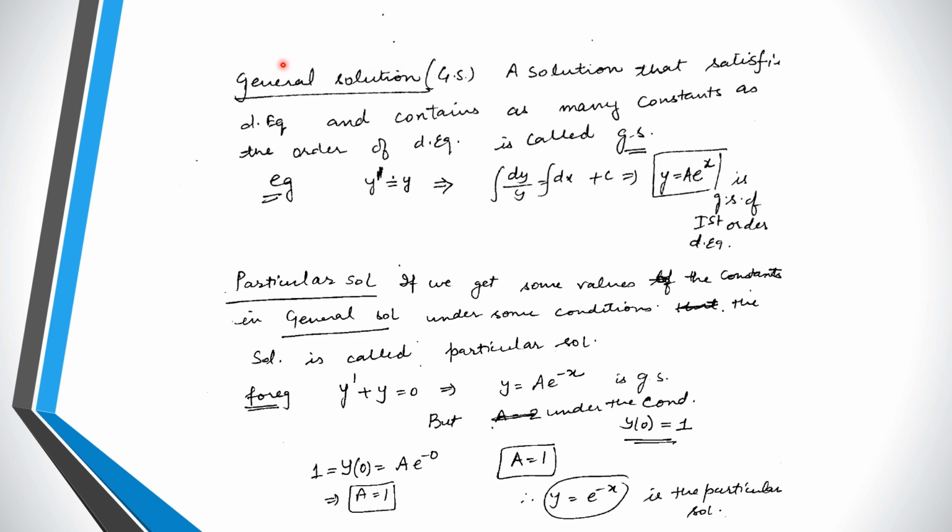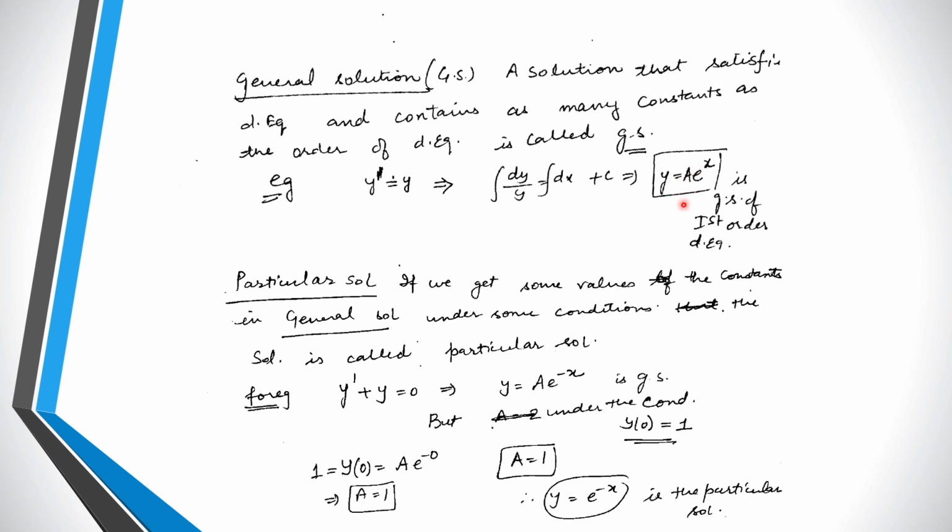Now what do you mean by the general solution? A solution which satisfies the differential equation and contains as many constants as the order of the differential equation is called the general solution, right? So if we have a first order differential equation, then the general solution must contain at least one constant.